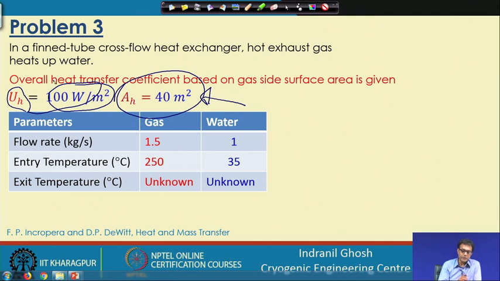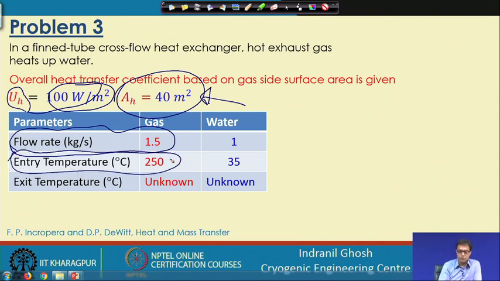Now we have changed the hot fluid flow rate, the gas flow rate, from the earlier value to 1.5 kg per second, and the entry temperature has also changed from 300 to 250 degree centigrade. We want to find out how the heat exchanger performs, that is, the exit temperature of the gas side or hot fluid and the cold fluid.